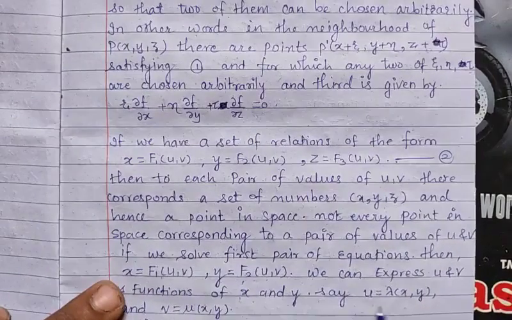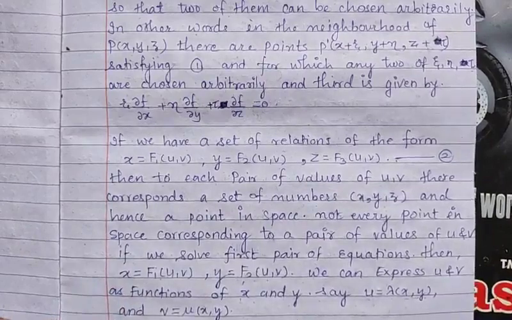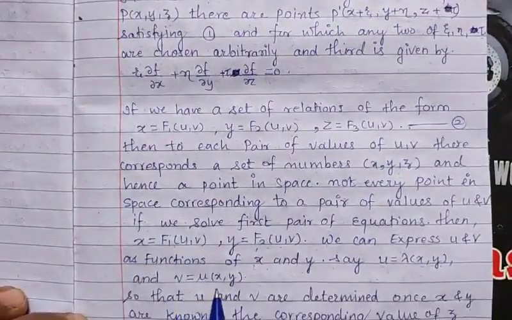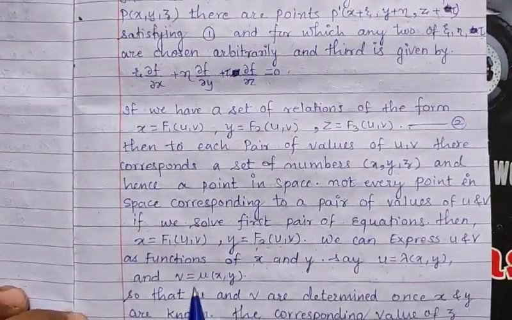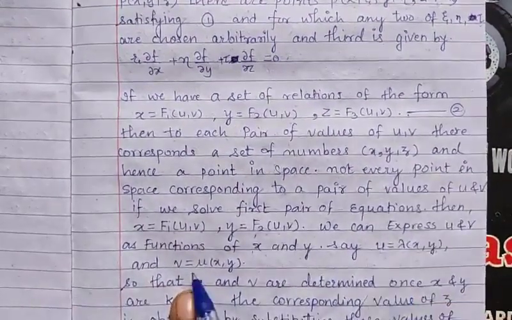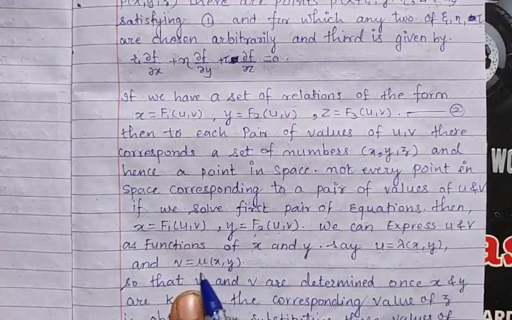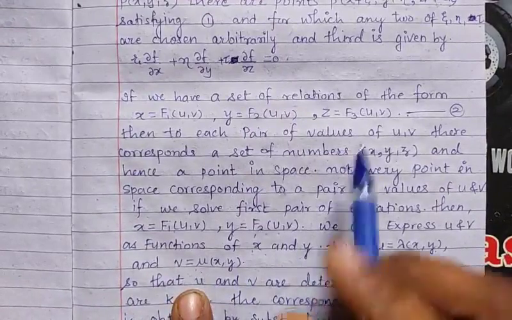So we'll say u as a function of x, y, which is lambda of x, y, and next v as a function of x, y, which is mu of x, y. So here we get the values of u and v. Now after substituting, we have to solve it for z.